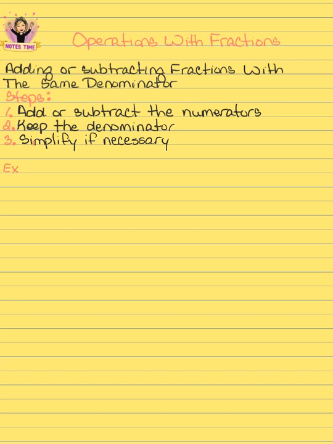So we're going to do an example of 1/6 plus 2/6. After you add, you can go ahead and make a T-chart for each number.